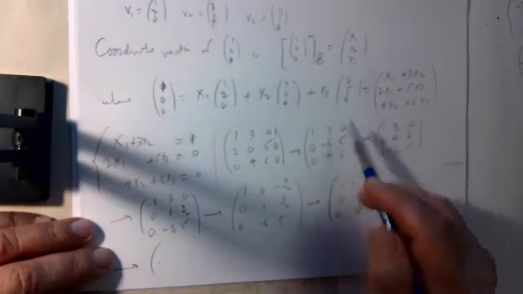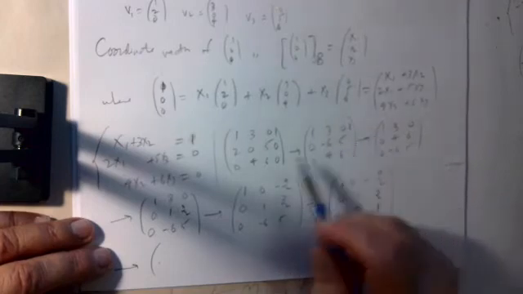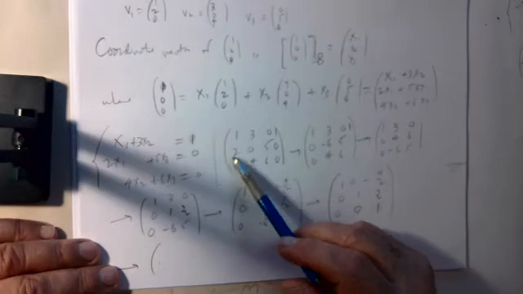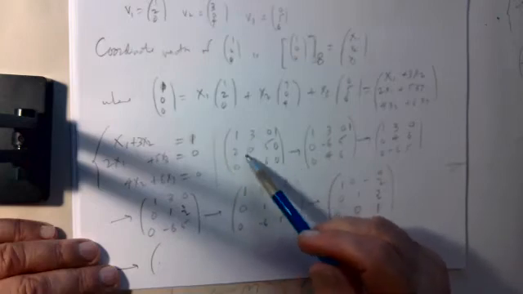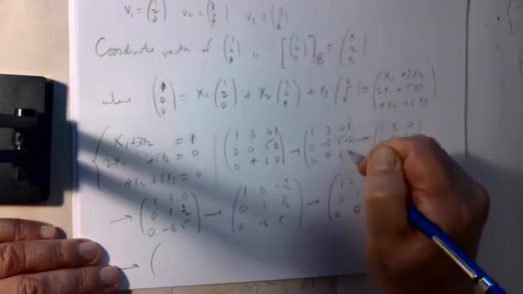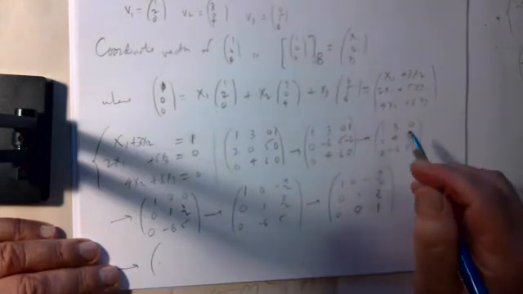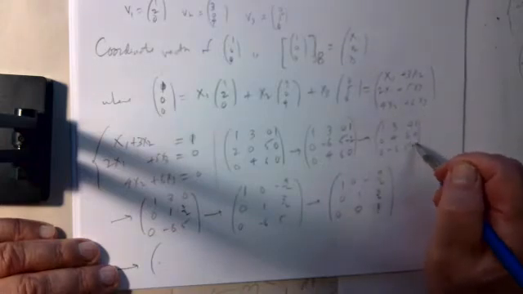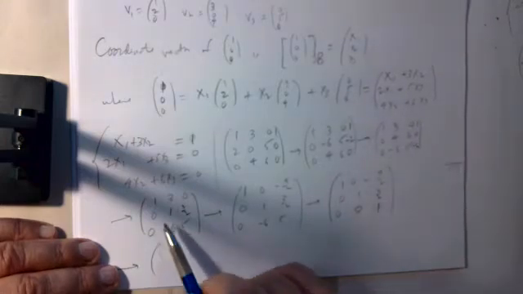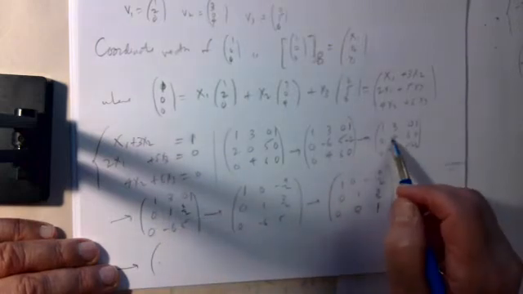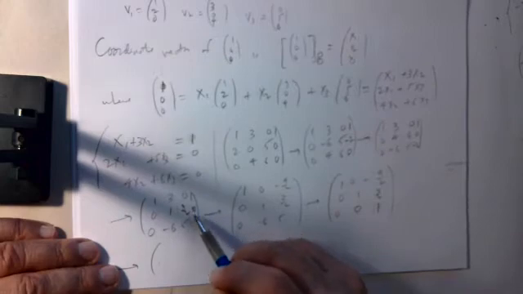Okay. So 1, 3, 0, 1. I added minus 2 times this to this, I got 0, minus 6, 5, minus 2, and 0. I interchange the rows. Then this is 0, 1, 3/2, 0. Dividing this by 4 is still a 0.